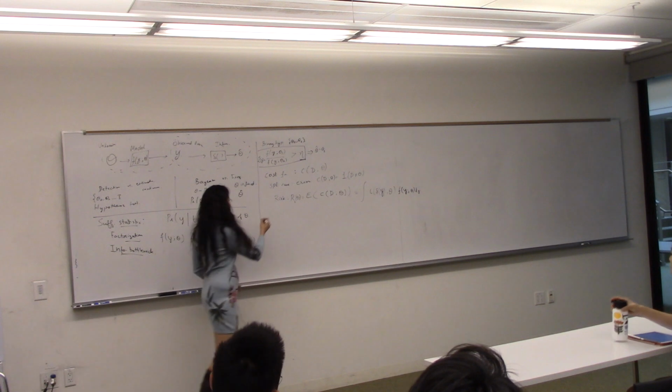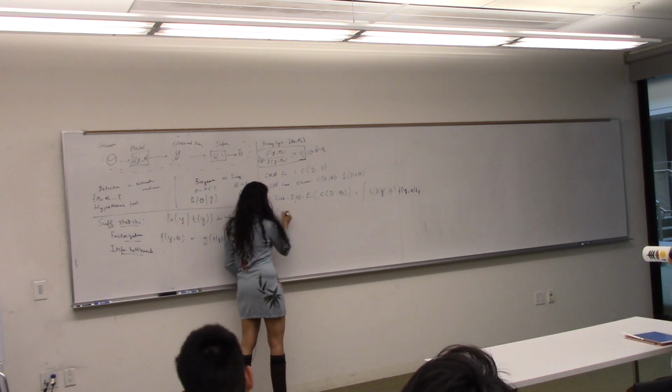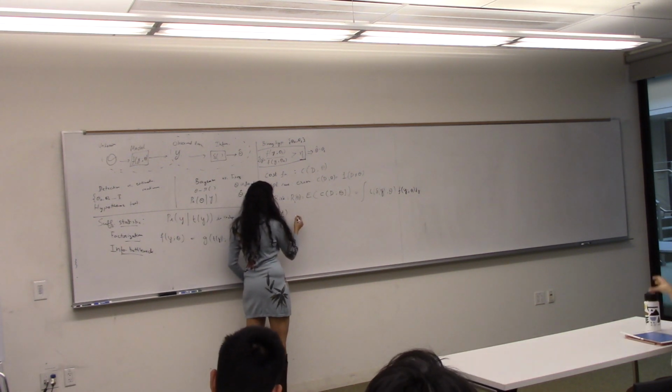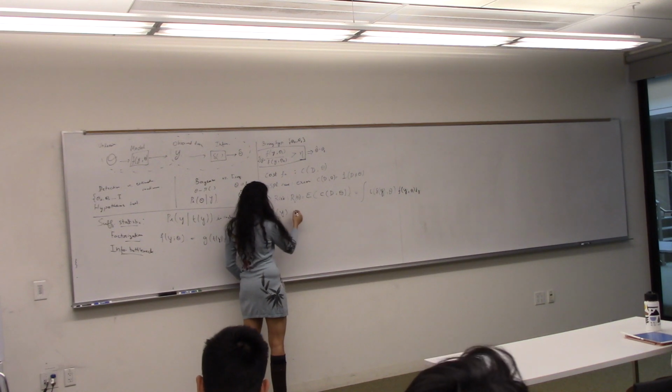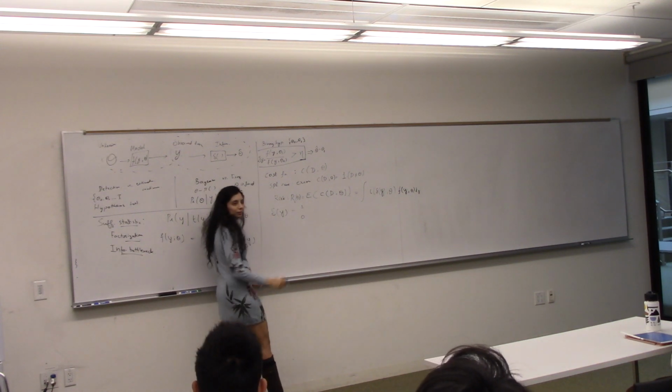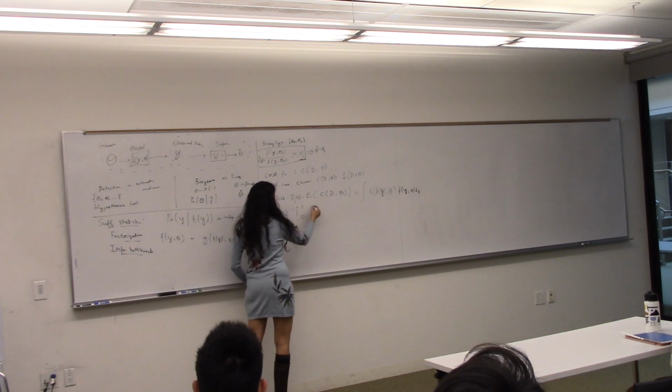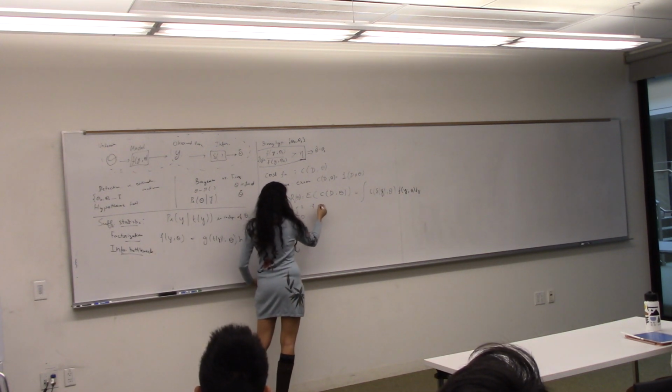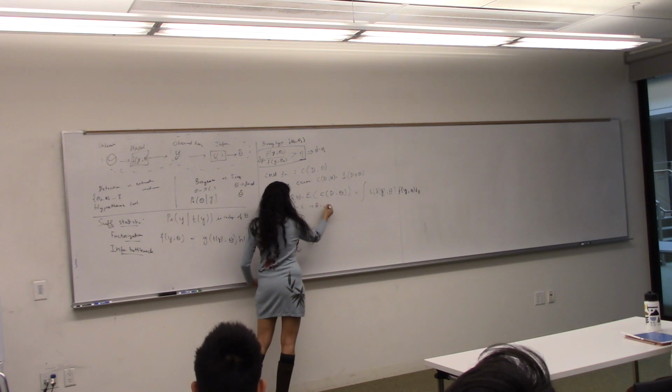So delta of y can either say 1 or it can say 0. If it says 1, then the estimated parameter is theta 1, otherwise it's theta 0.